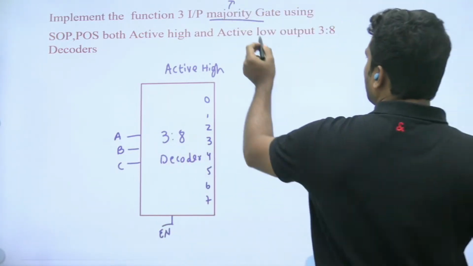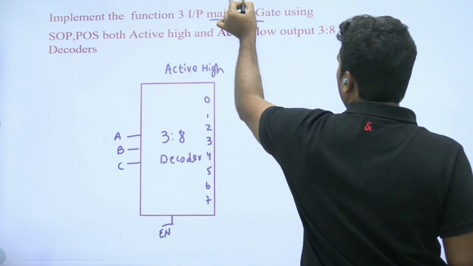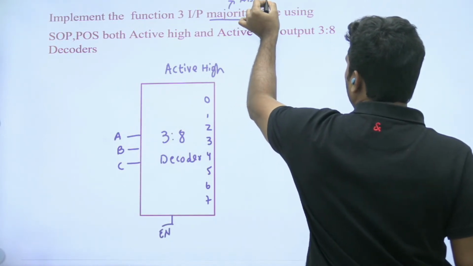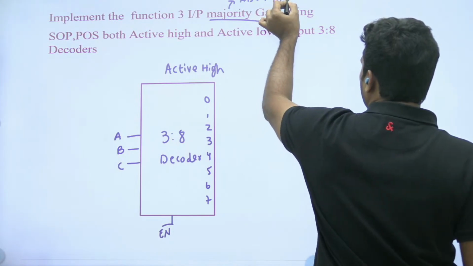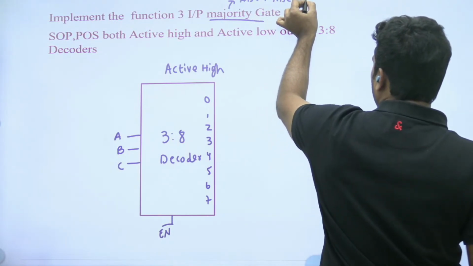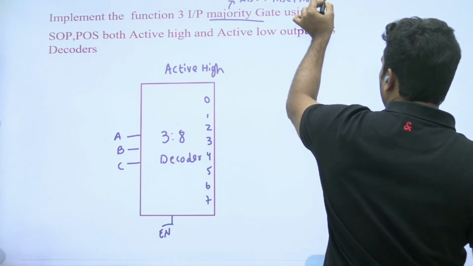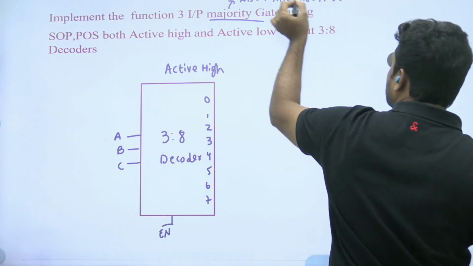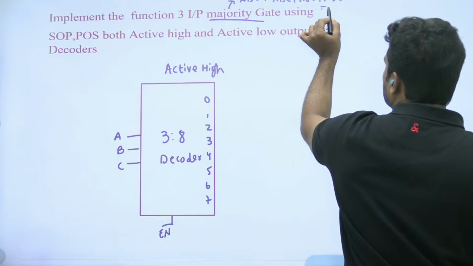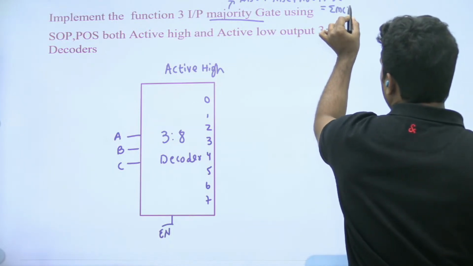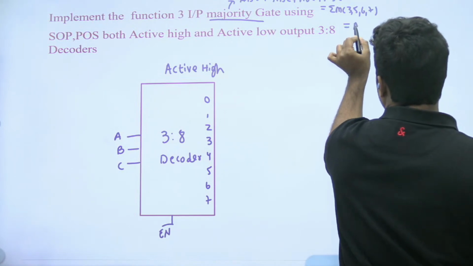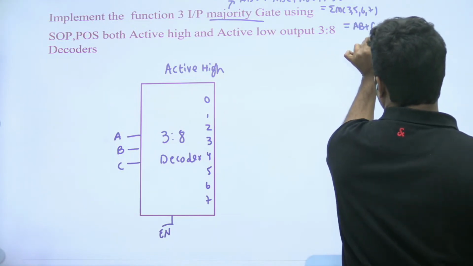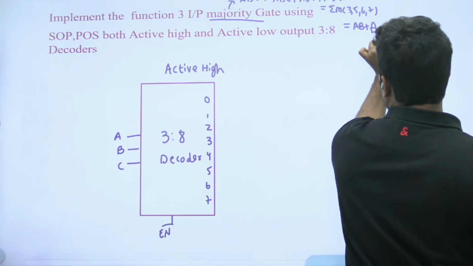That is given by 0, 1, 1, 1, 0, 1, 1, 1, 0, 1, 1, 1. In all these cases, minimum two ones are present. This is given by sum of the minterms 3, 5, 6, 7. If you minimize by K-map, it will give you AB plus BC plus AC.